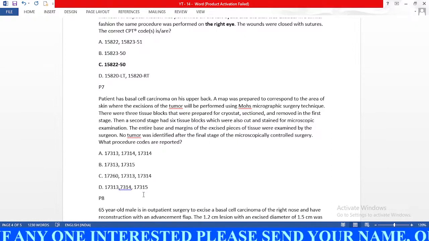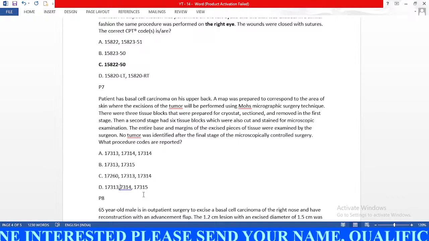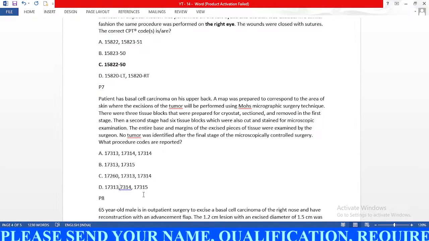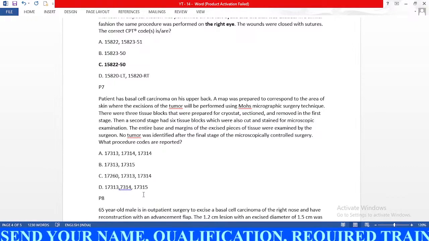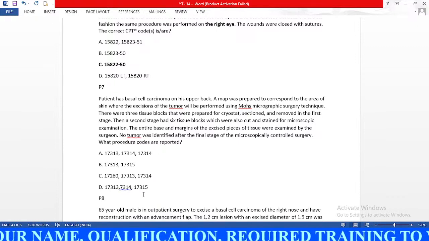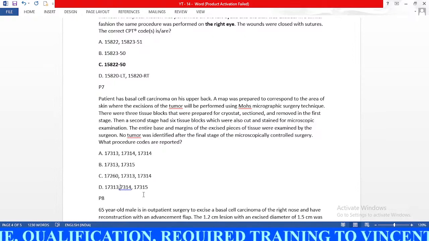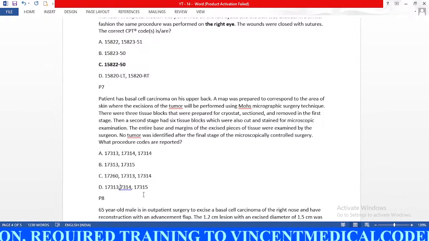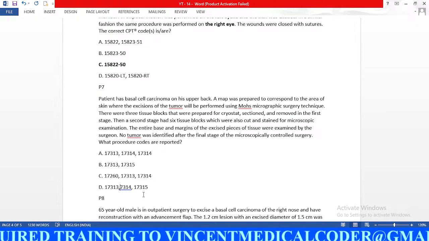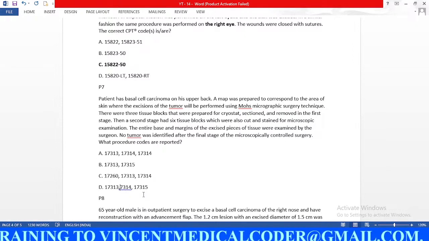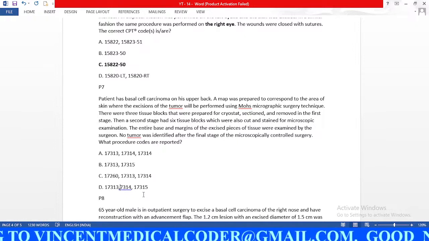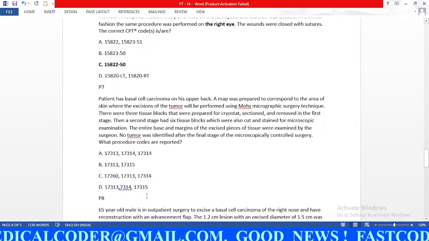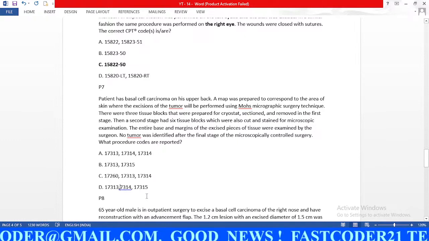First try to identify the keywords, then write the answer. Basically you need to find the keywords first, then check the codes.